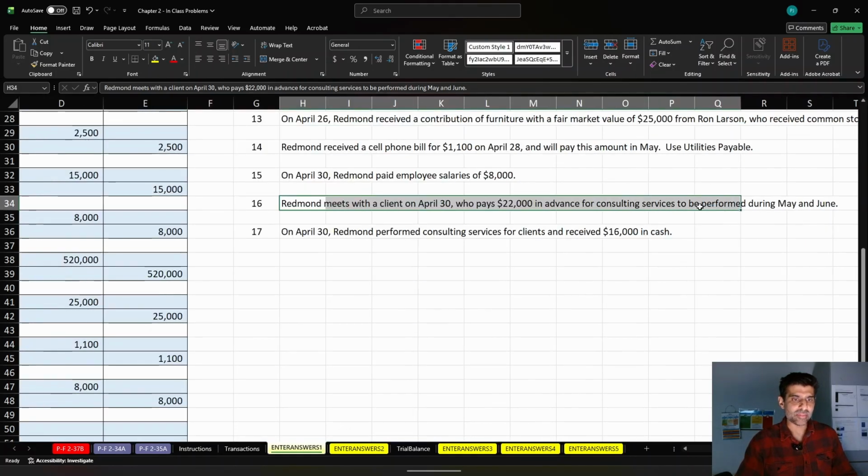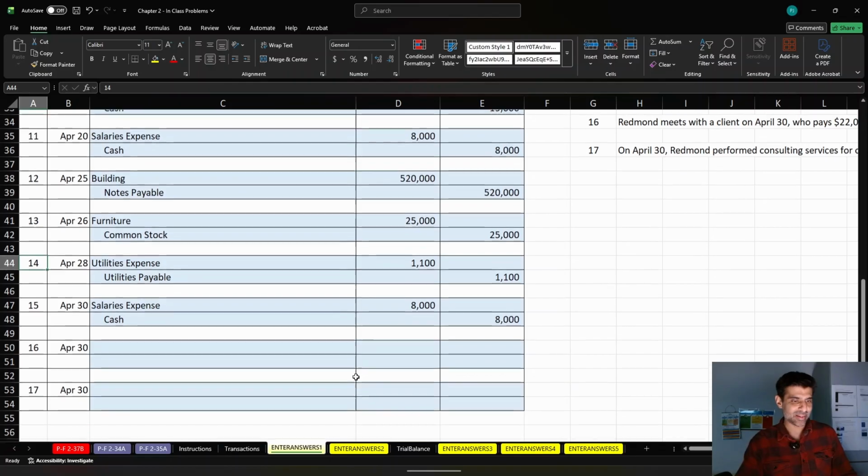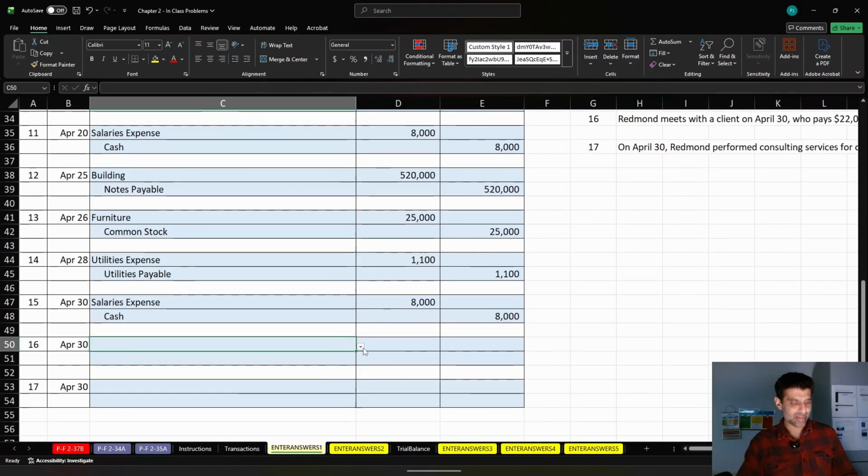We meet our clients who pay us in advance. So we have not actually performed any services. We haven't done anything for this client yet, but they're giving us money. What account is that going to involve? What are we getting? Cash.